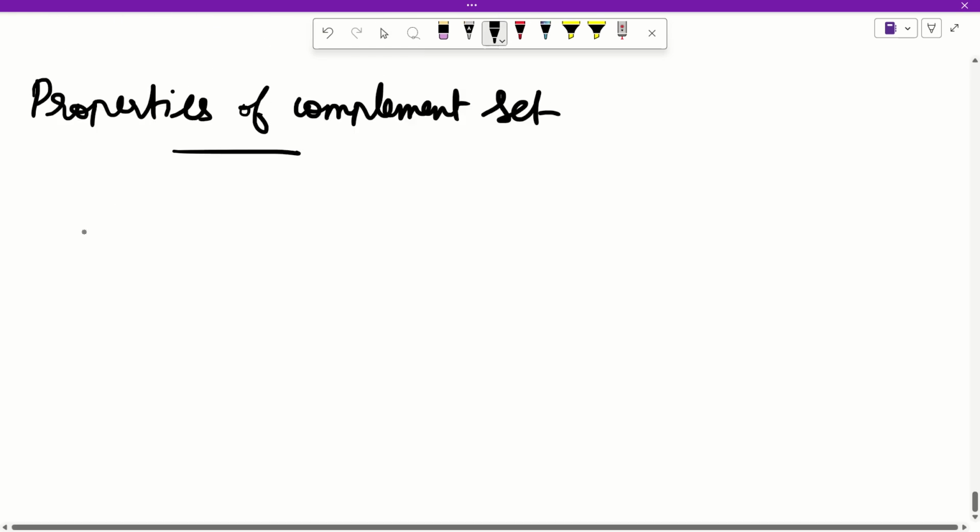What is the first property? First, we need to learn the complement laws.